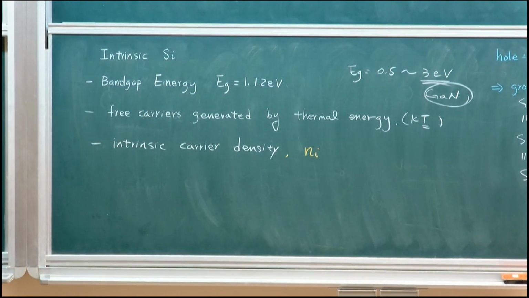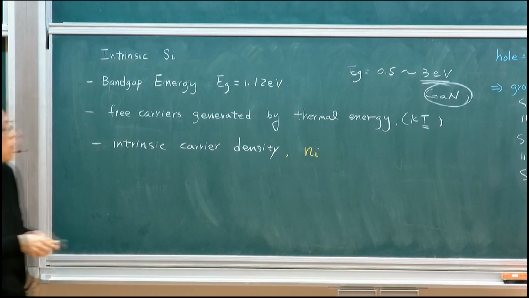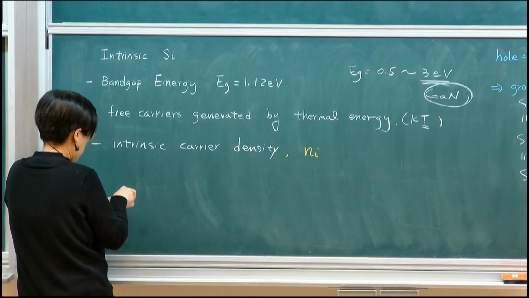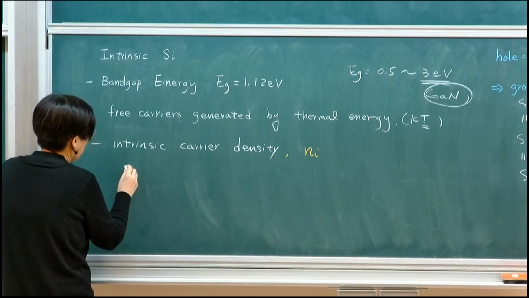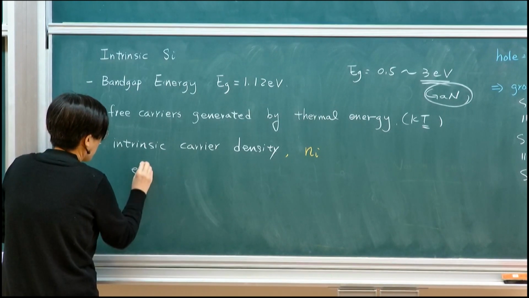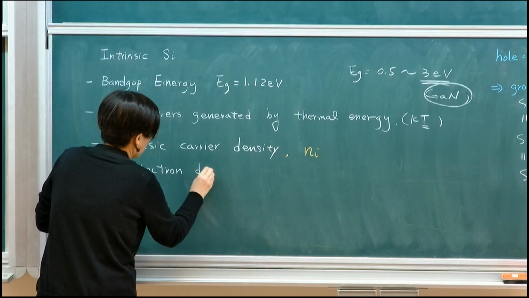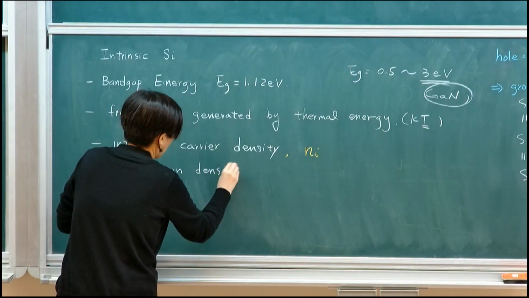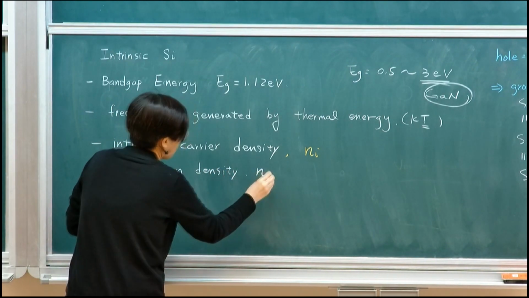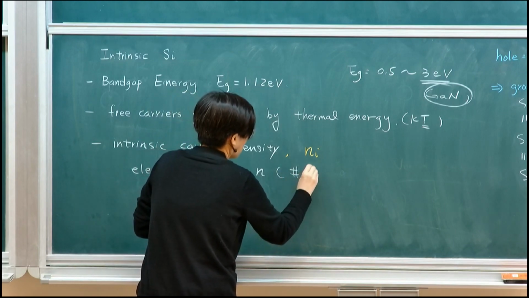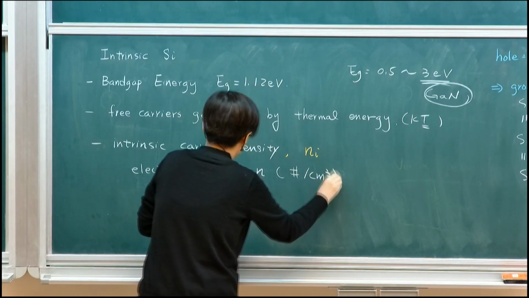Because once these electrons are generated, simultaneously it will generate holes. Therefore, let me define this. We define electron density in the substrate in a crystal as N, with a unit of per cm³.